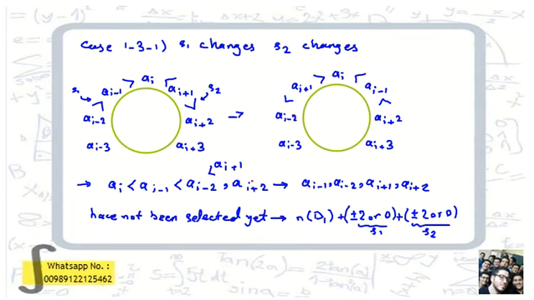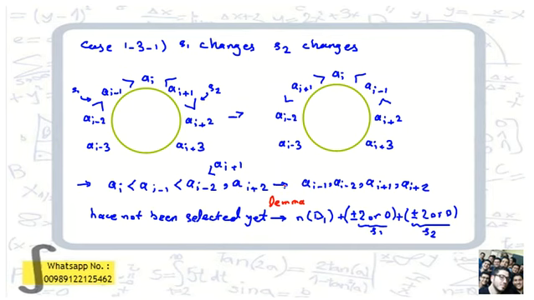So all these 4 elements are greater than Ai, so they have not been selected yet. Changing each sign by lemma 1, all these 4 elements have an effect on n of d1. So by our lemma, n of d1 would change by plus or minus 2 or 0. So n of d1 parity won't change.